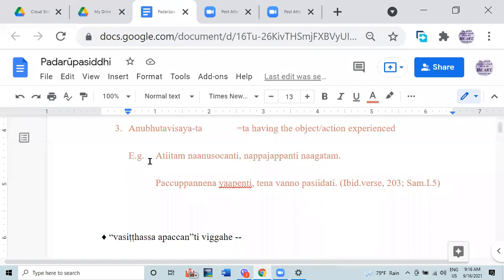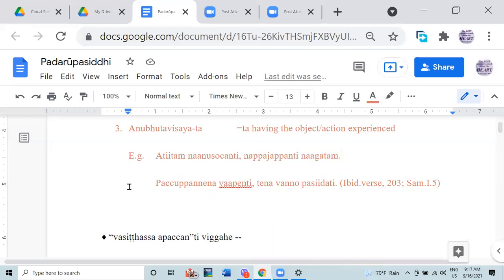So atitam nanusocanti. They do not worry about the past. They do not worry about the past. And then nappajappanti anagatam. Anagatam here, because of the verse, the ending is dropped. Anagatam, the future. And then nappajappanti, also like worry. So they do not worry about the future.